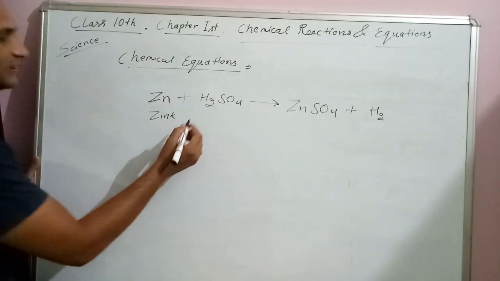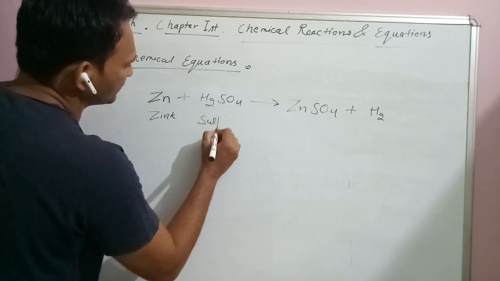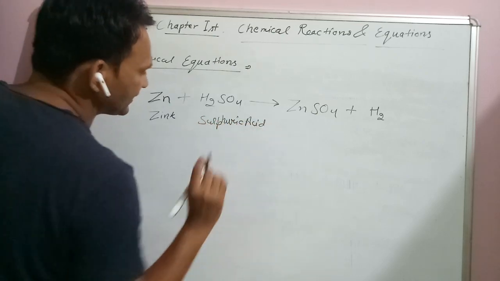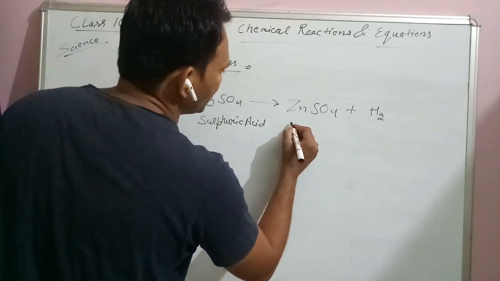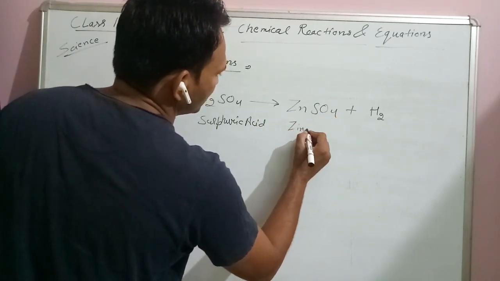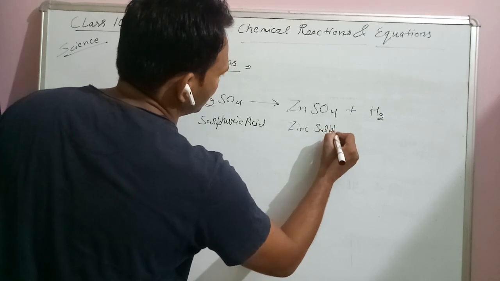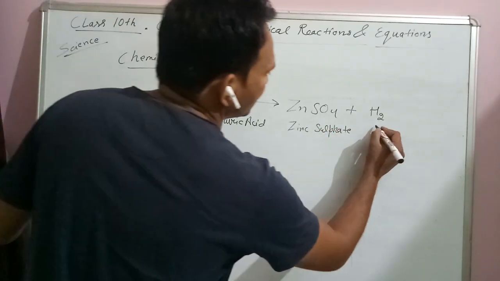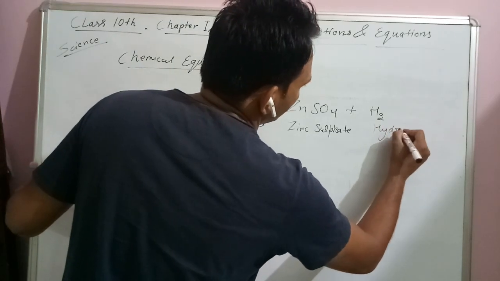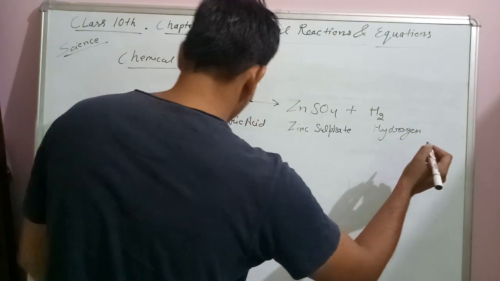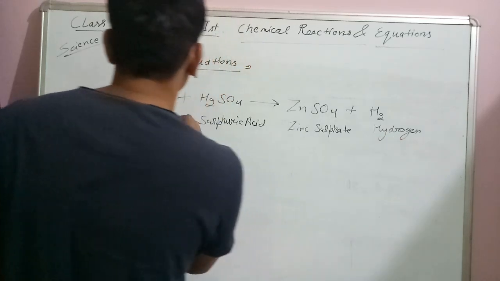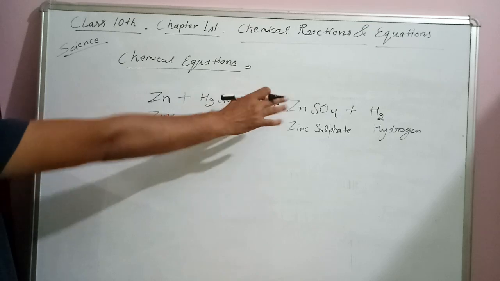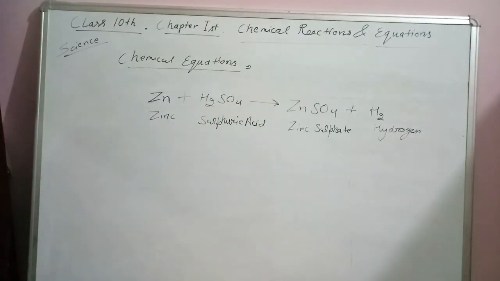Zn is the symbol of zinc, H2SO4 is sulfuric acid, ZnSO4 is zinc sulfate, and H2 is hydrogen. So this is the chemical equation.